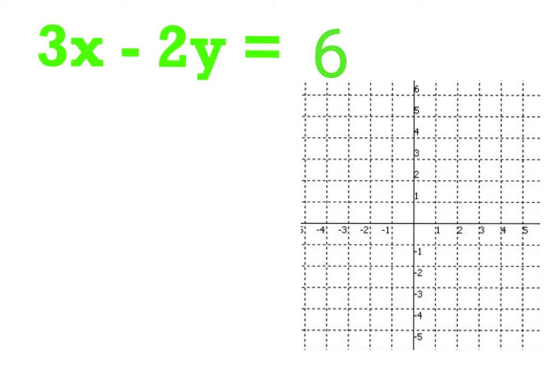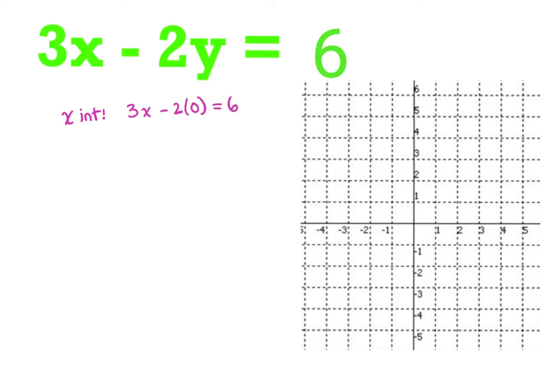So I've taken this particular example, and if I were wanting to find the x and y-intercept, I would just make the other one 0. To find my x-intercept, I'm going to make my y 0. So I'm going to say 3x minus 2 times 0 equals 6.